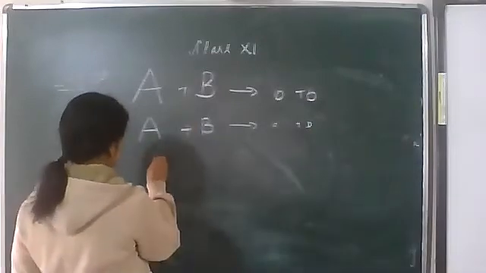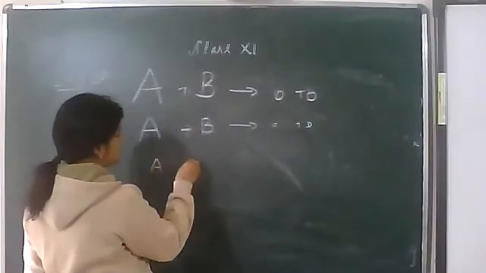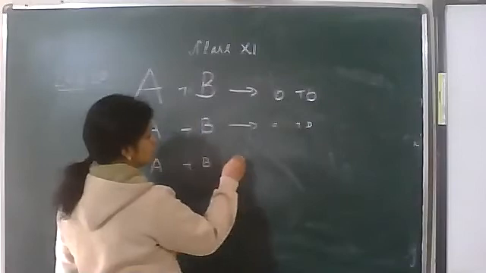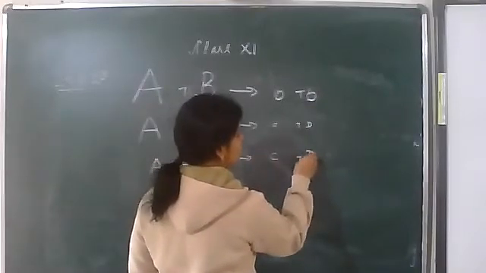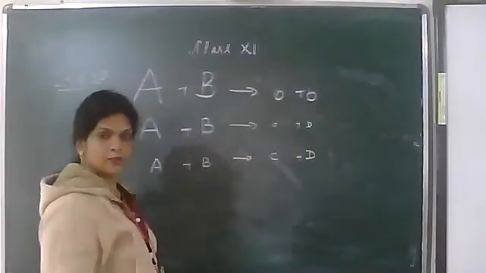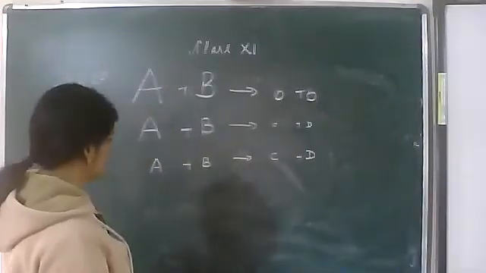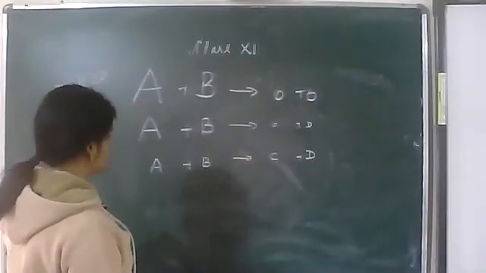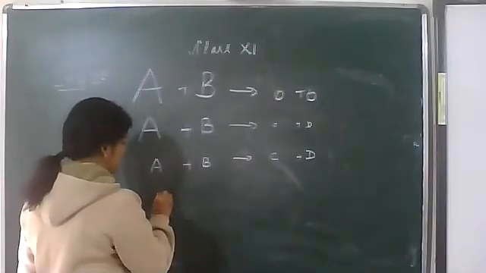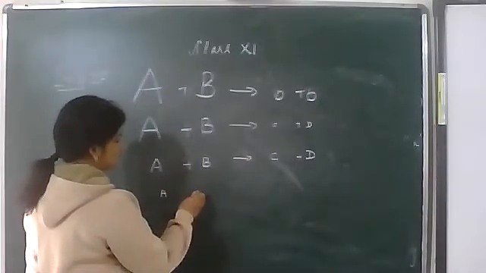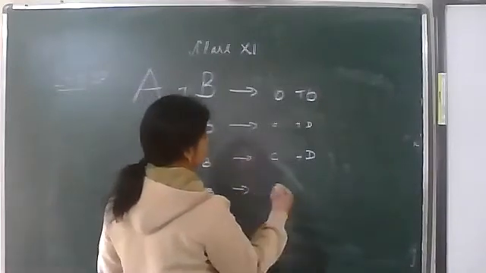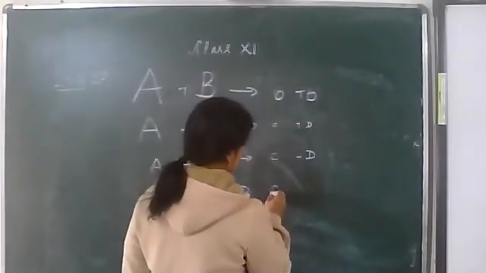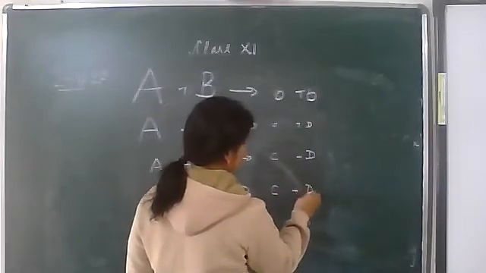After some time, again A got reduced, B got reduced, so a little more C and a little more D.